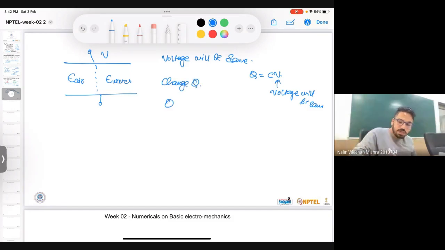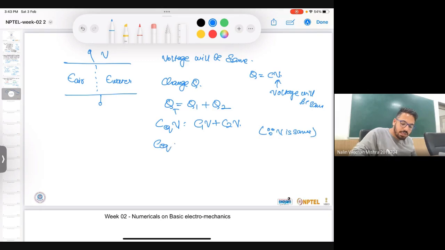So we can write total charge is equal to Q1 plus Q2, right? And Q can be written as C1V plus C2V. As V is the same, we can finally write C equivalent equals C1 plus C2.